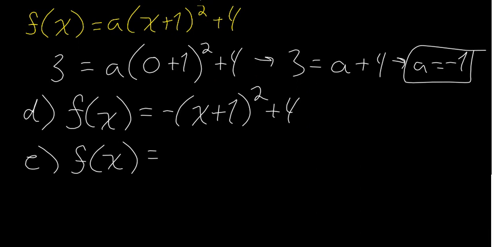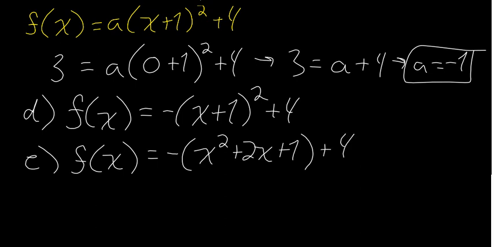By the way, when you expand this and you have a negative here, make sure to keep that negative there. It's very, very important. Anyways, (x plus 1) quantity squared is x squared plus 2x plus 1, plus 4. We distribute that negative through, so we've got a negative x squared minus 2x minus 1, and then we have the plus 4.